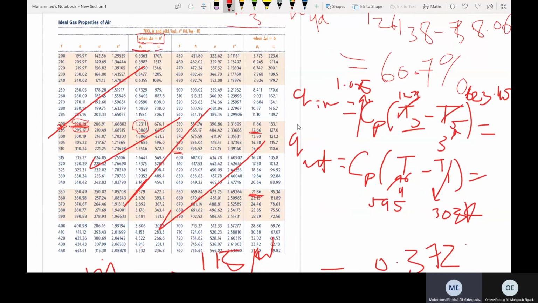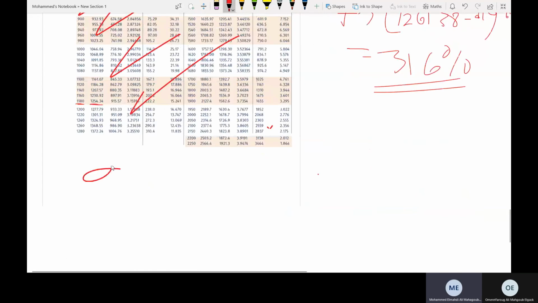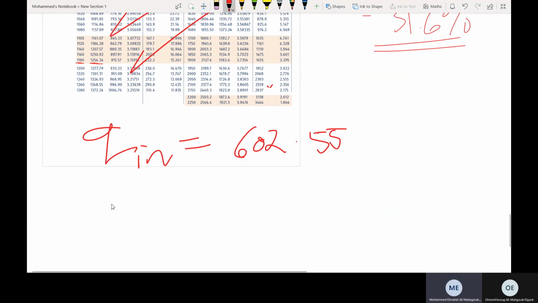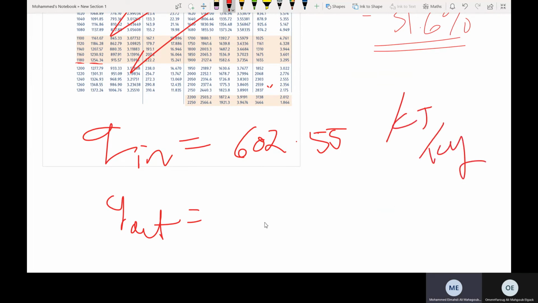Can we now get Q in and Q out? Yes, we can. Q in at the end, I did them here, okay, 602.55 is Cp, T3 minus T5, in kilojoules per kilogram, don't forget the units. Q out, again, Cp, T6 minus T1. So 293.46 kilojoules per kilogram.